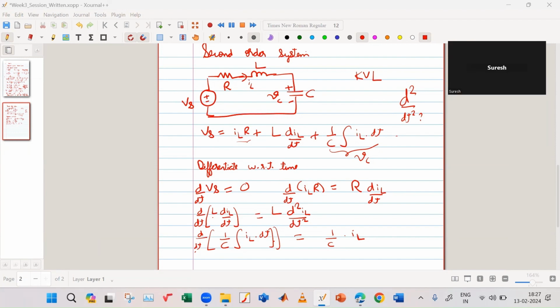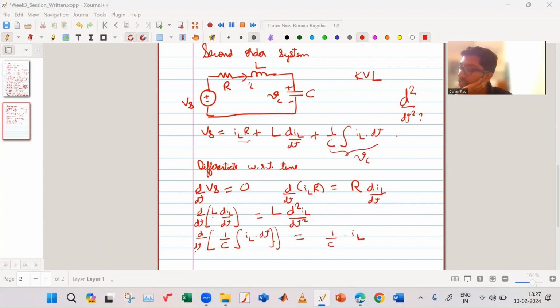In steady state, finally the capacitor will be charged to Vs and the inductor current will go to 0. But that does not mean it is always like that. When you apply the voltage, initially the current was 0 and the voltage also was 0, so it will have some dynamics, and that dynamics is described by this equation.